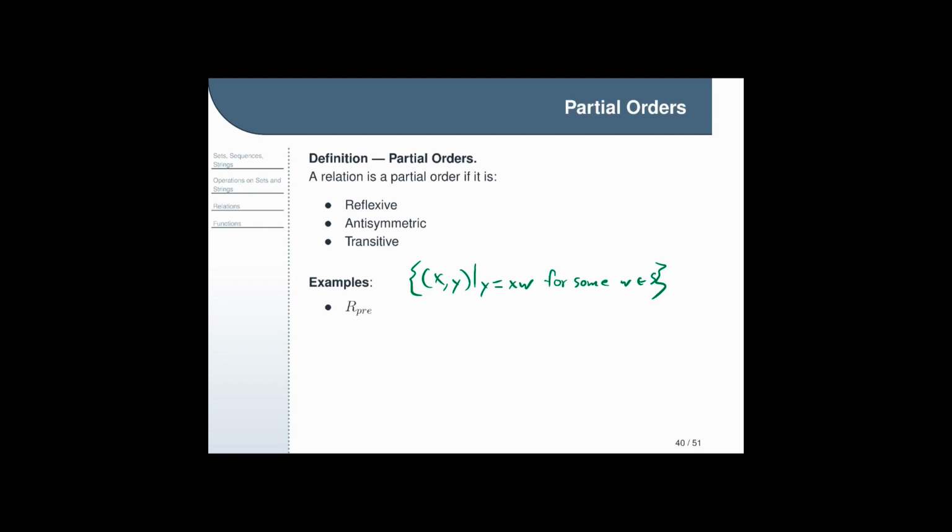We have to check our properties to make sure that's true. But we want to ask first, is an element in this relation always related to itself? In other words, is it a prefix of itself? Before I do anything too fancy, I should look at an example. Maybe my string is ABA. Is that related to itself under this relation?